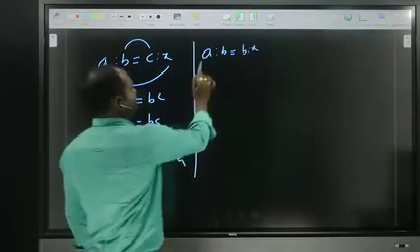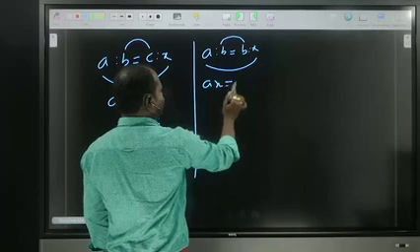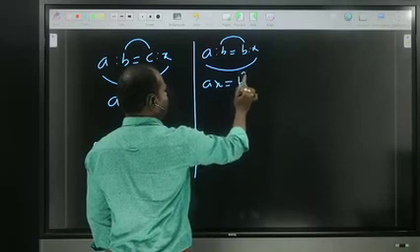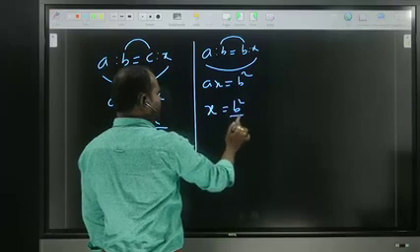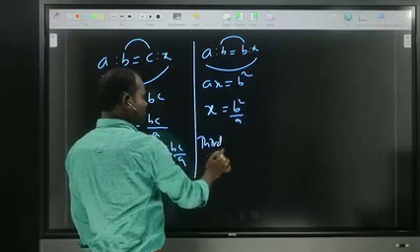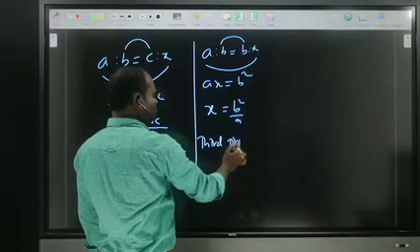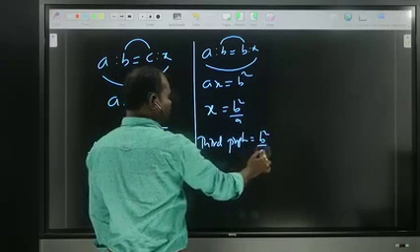By the formula, AX is equal to B square. X is equal to B square by A. The third proportion is equal to B square by A.